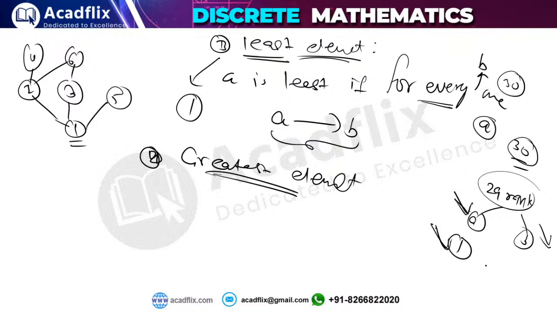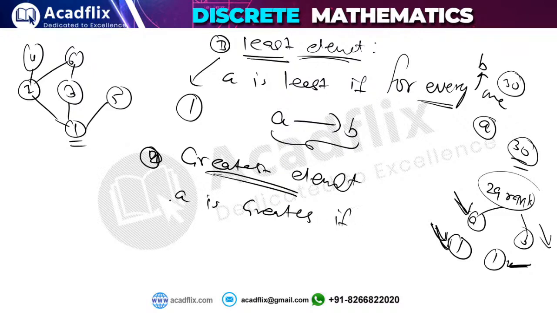Now assume the situation where two students got the first rank. Now this student cannot say that I am the greatest because the other student also got the first rank. So these students are not greatest, but they are maximal because no one is above them. Greatest means unique.